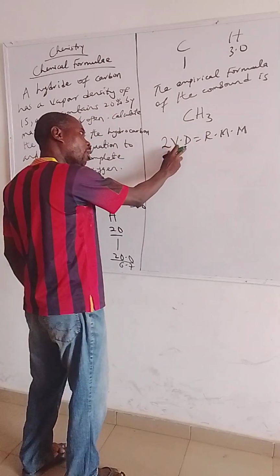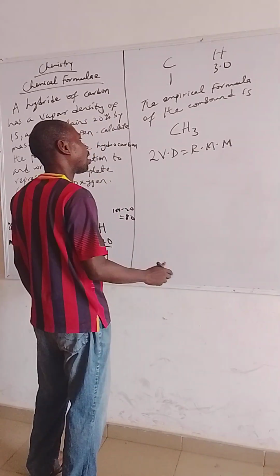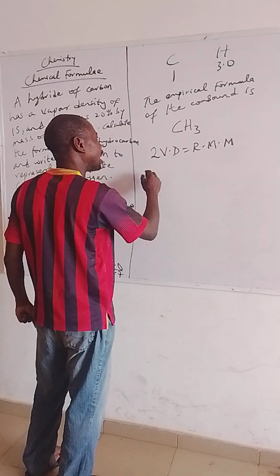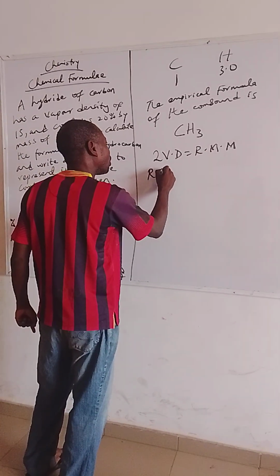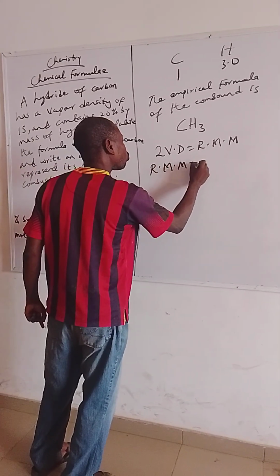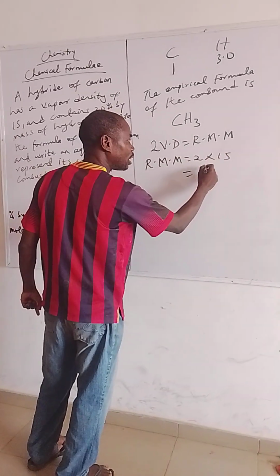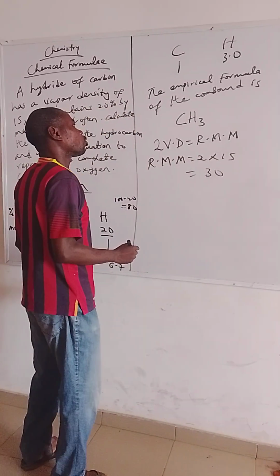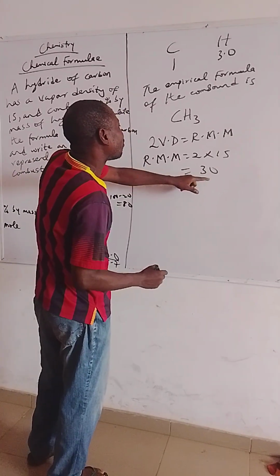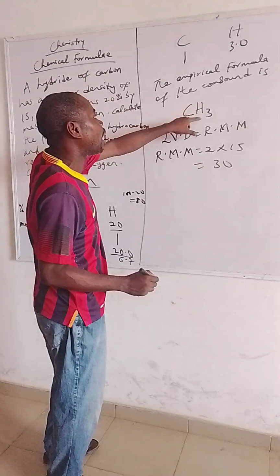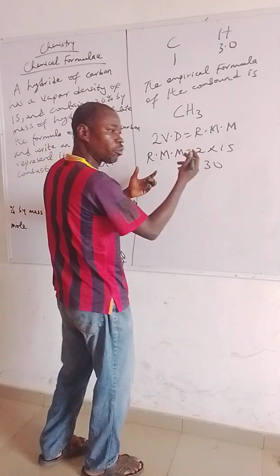The vapor density is given to us as 15, so I can easily determine the relative molecular mass. Relative molecular mass is equal to 2 multiplied by 15, which is 30. Having gotten the relative molecular mass, I can now use that to find the molecular formula.